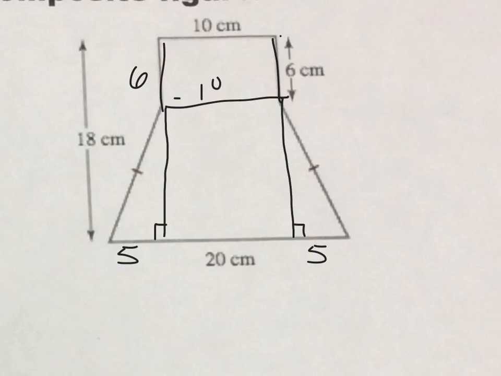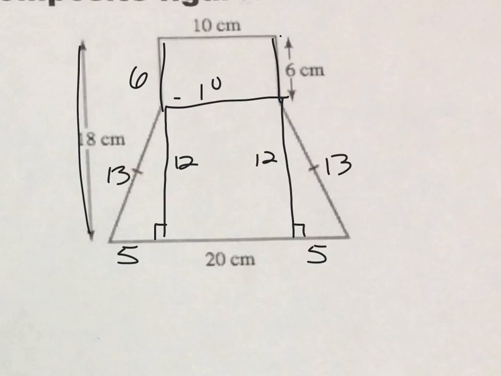The whole height is 18, so my height would be 18 minus 6, which is 12. Using the Pythagorean theorem, we do 5 squared plus 12 squared, and then you square root it, and these would be 13 and 13.